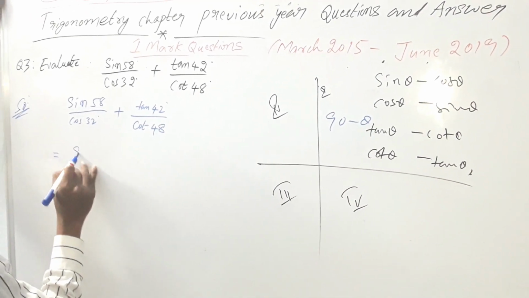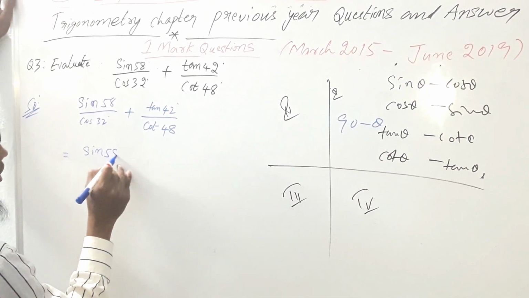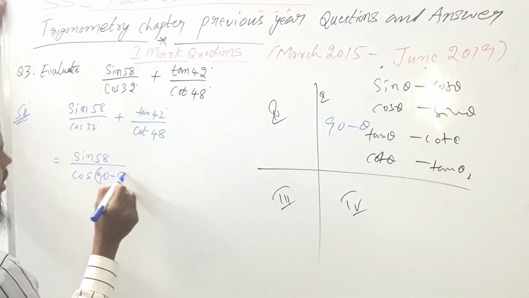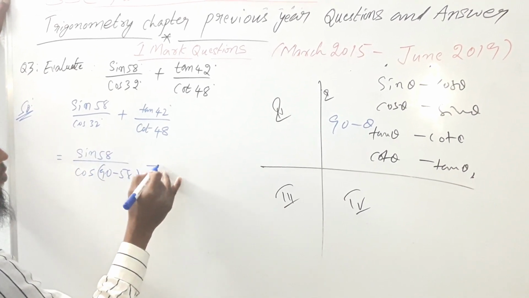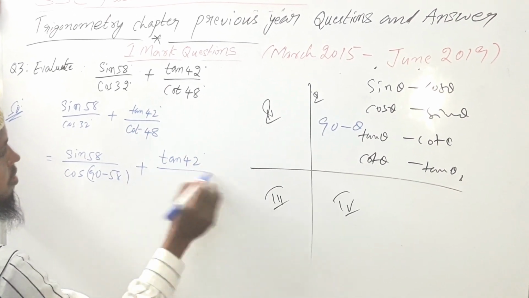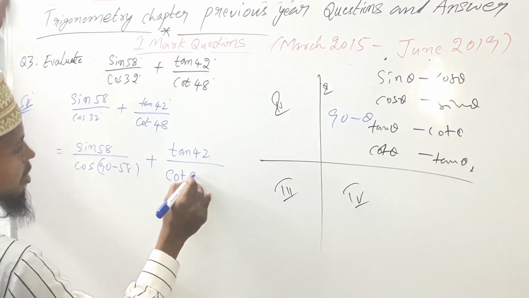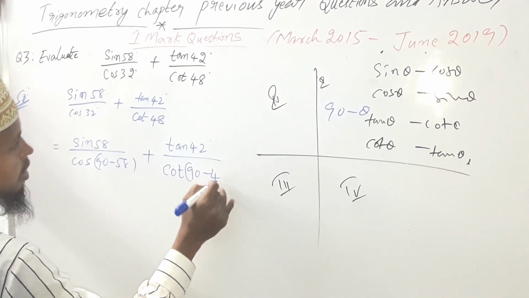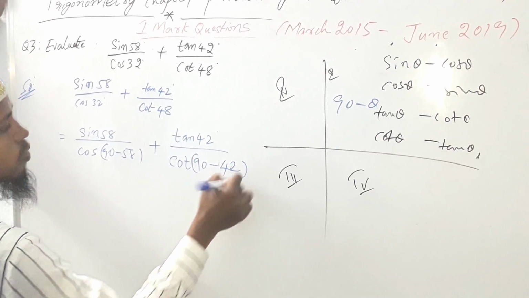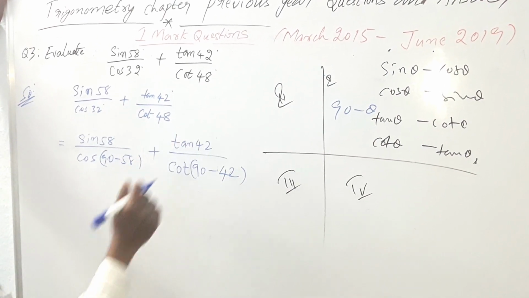Sin 58 by cos 90 minus 58, that is 32, cos 32. Tan 42 degrees, cot 90 minus 48, 90 minus 48 is 42.